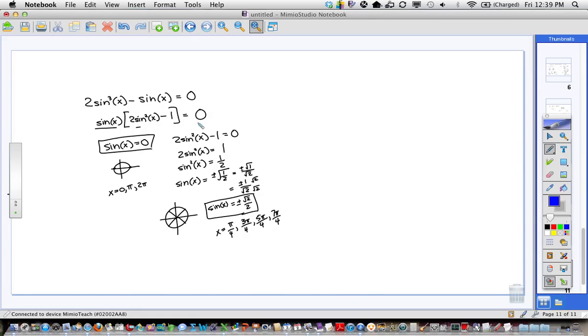Now, I'll be honest with you. If that pi n, 2 pi n business bothers you, don't worry about it. We don't deal with it very often. Now, the calculator shows it, so we do have to understand what it means. But most of the time, we're given a specific interval. So if we were given, like we were on the last one, 0 to 2 pi, with the 2 pi not included, our answer would be 0, pi, and then all 4 of these, right?